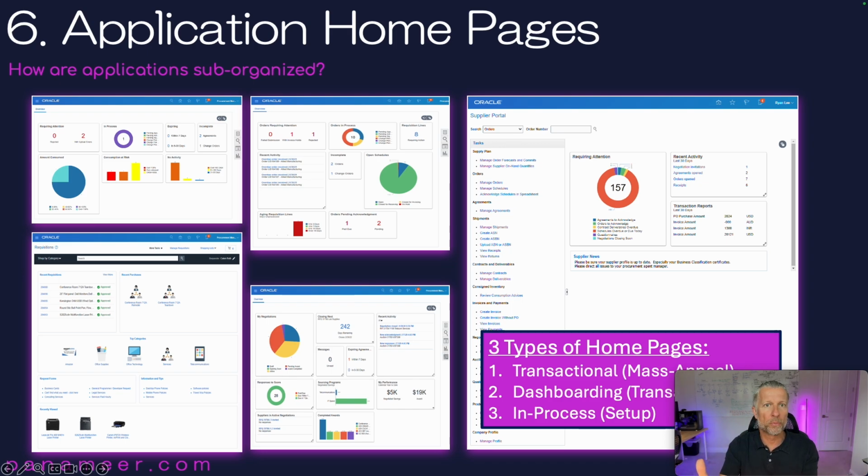They're super important and they have to be super intuitive, and they look different because it's about getting a wide range. Look at that supplier portal. Everybody can develop a better page, but one of the things you see right here is requiring attention, recent activity. My eye's drawn right to what I need it to be drawn to in order for me to know how to process the information that I need to process, hence being able to self-serve that information.